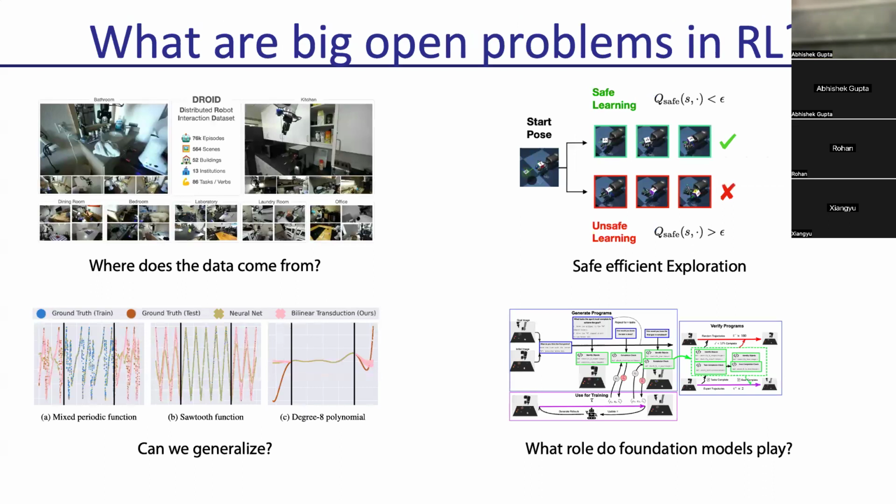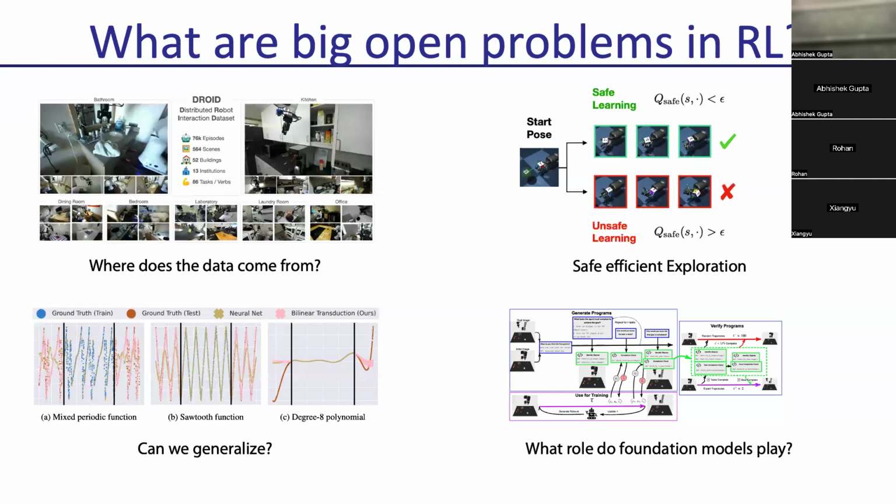And if you want to think about the big open problems in RL, these are some that I think are interesting, biased, of course. There's no data in RL. Where does the data come from? It's an important question, right? Supervised learning is using trillions of tokens. We have like 1,000 trajectories in RL. If you want to do RL in the real world, you have to think about safety.